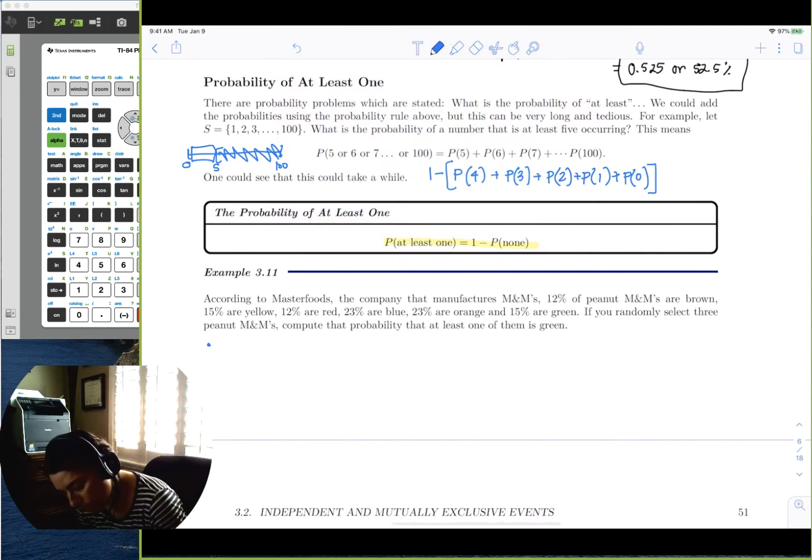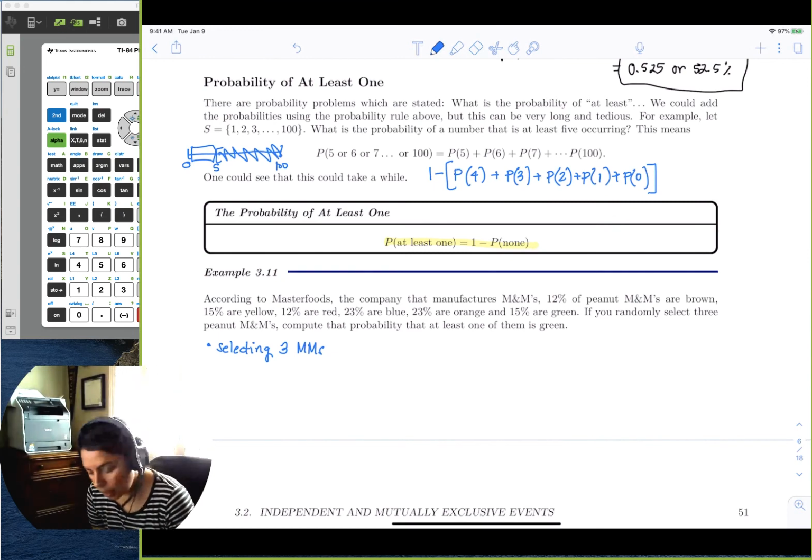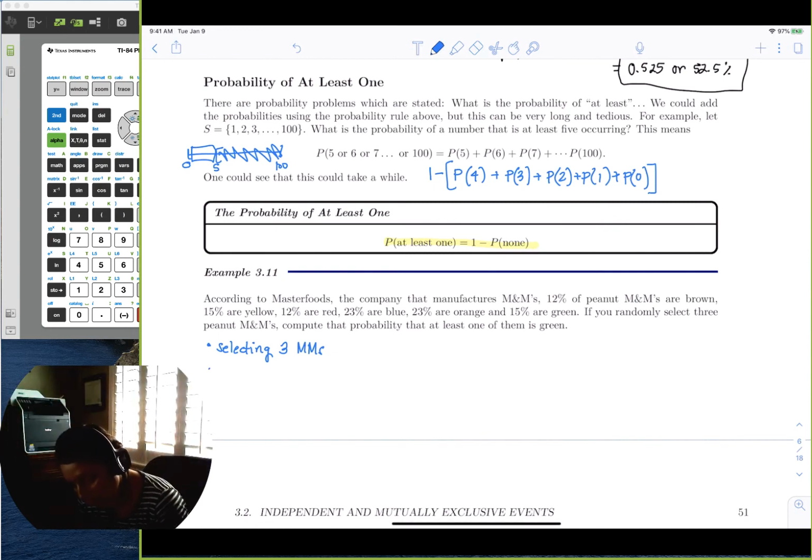So the first thing is that we are selecting 3 M&Ms. And then we want to see that of these 3, at least one is green.